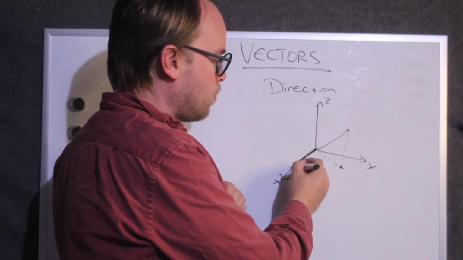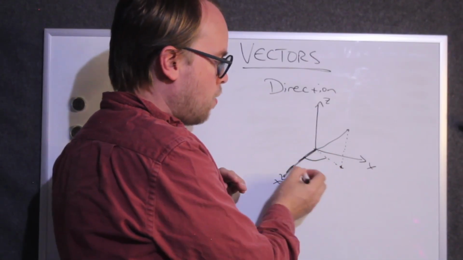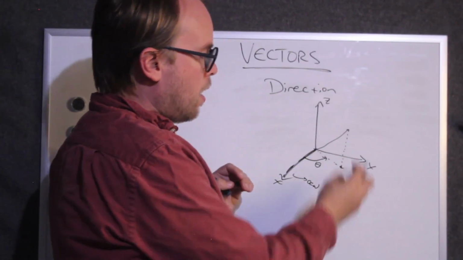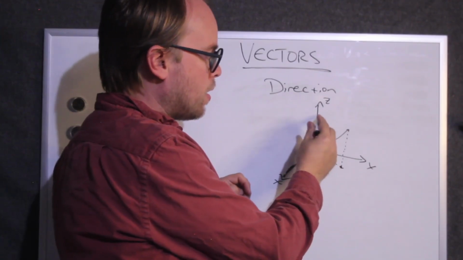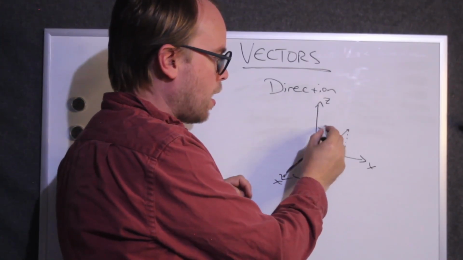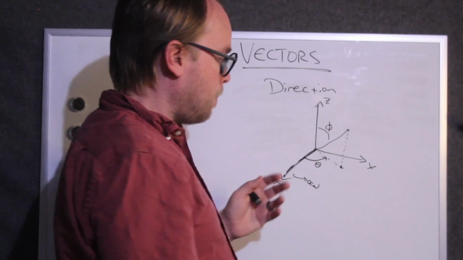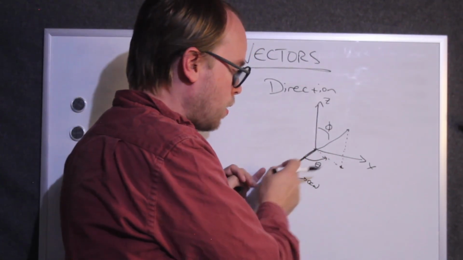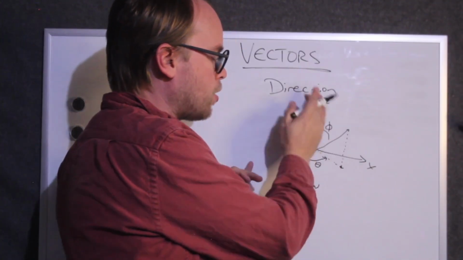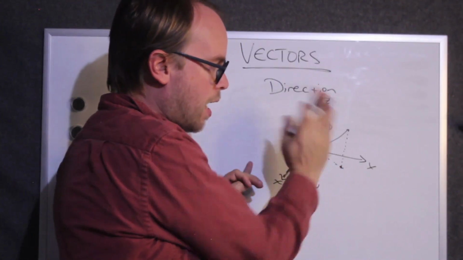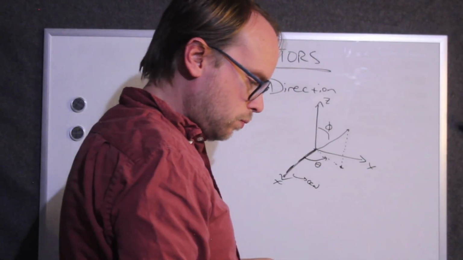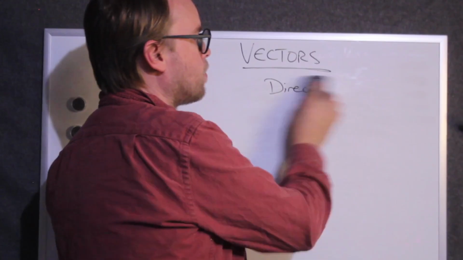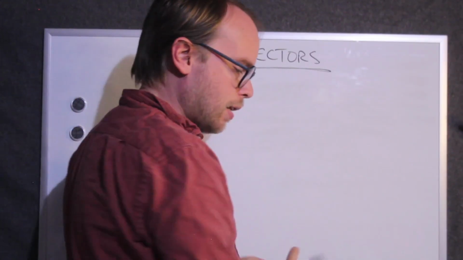Our first reference axis will be this one, and this is our angle, theta, measured counterclockwise. Then our second reference axis would be the z-axis, and we can measure an angle here, phi. So two angles: the direction it is away from here in this plane, and the direction it is away from the positive z-axis. Okay, so that's the basics of direction as a concept.